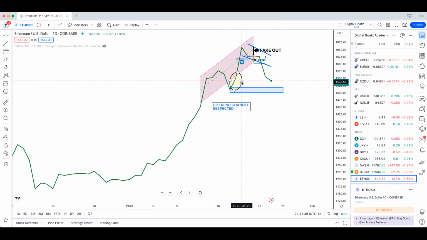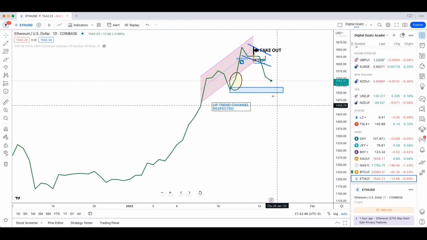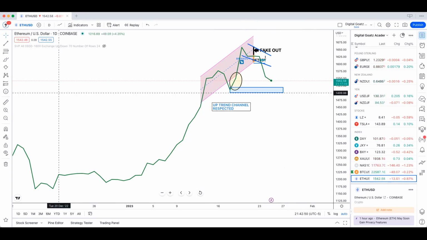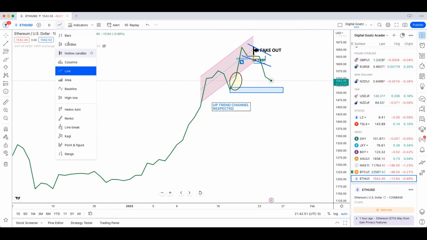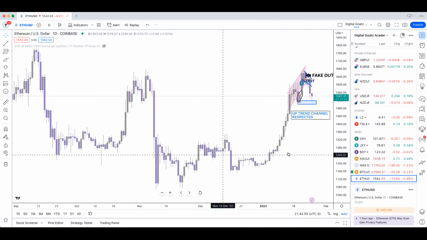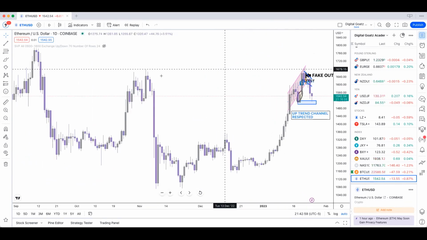It looks like it came right back into that fake out zone. But the market hasn't shown us yet that it wants to continue to fall unless it breaks that zone. And if it breaks that zone, we're heading back to these previous highs down here, and then we'll figure out what the market is trying to do. But it makes all the sense in the world.